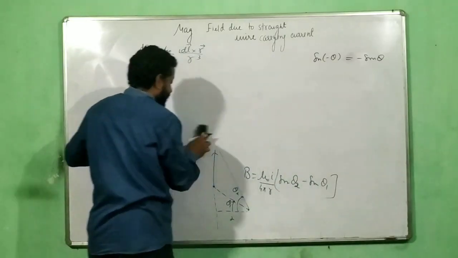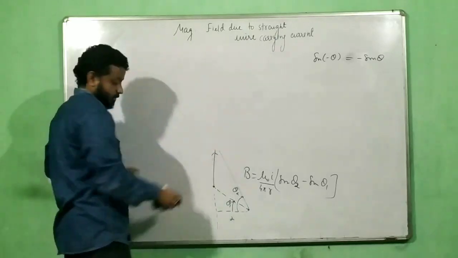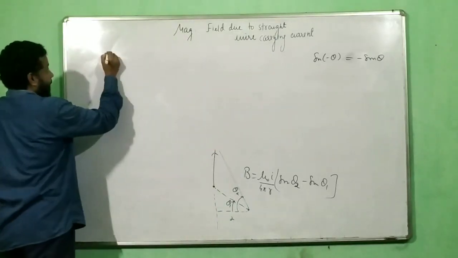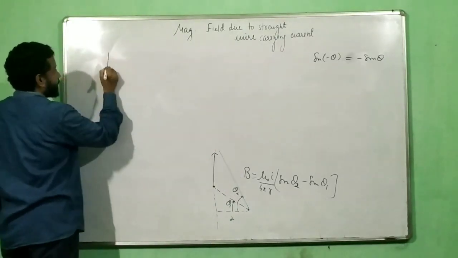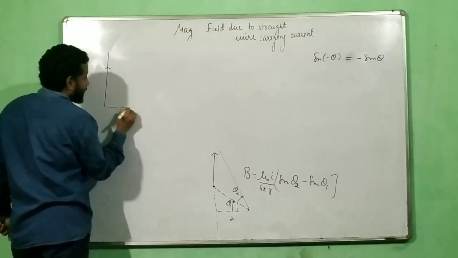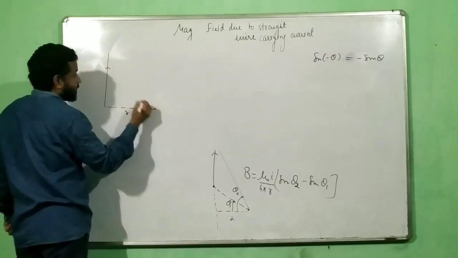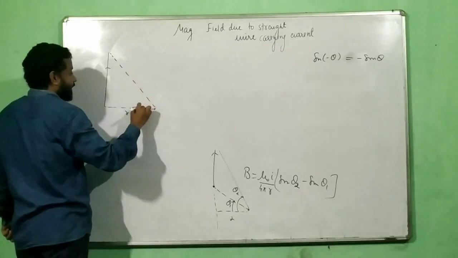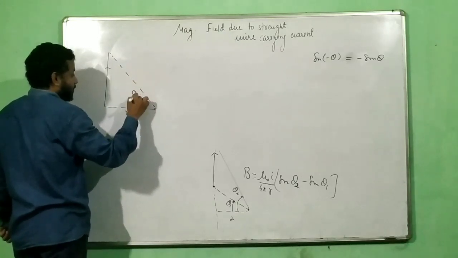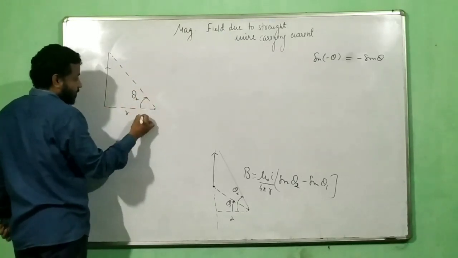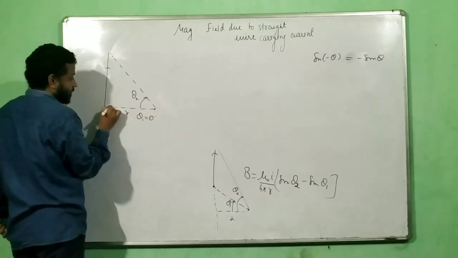Now what will be the field in this case, for this situation? Let's say I have a wire here, and exactly at the one end I want to find the field, and let us say that this angle is theta 2, and what about theta 1? Theta 1 has become 0 degree now.